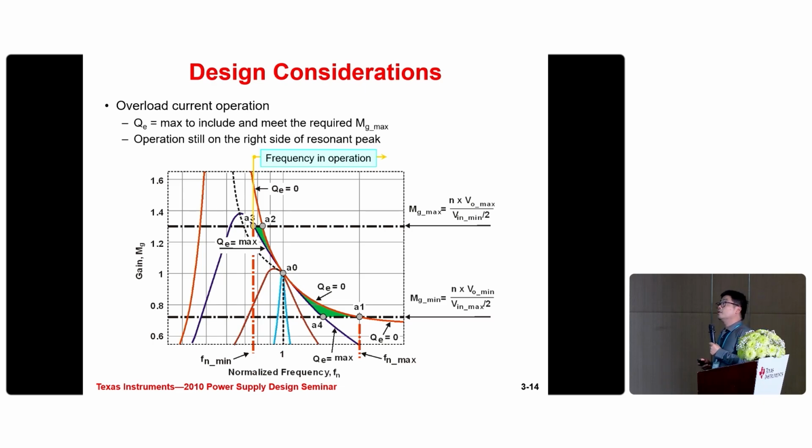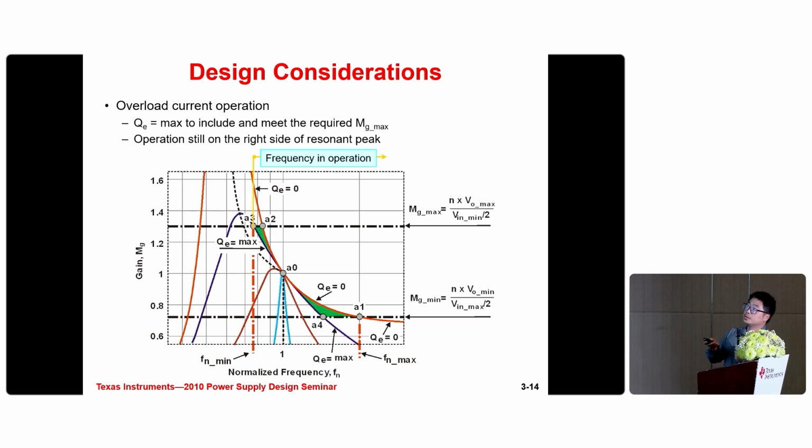Before we go to the details, we should pay attention to two issues. One is the overload current operation. When there is an overload current operation, what shall we do to avoid failure of the primary MOSFETs? The basic principle is to make sure the LLC operates on the right side of the resonant peak.